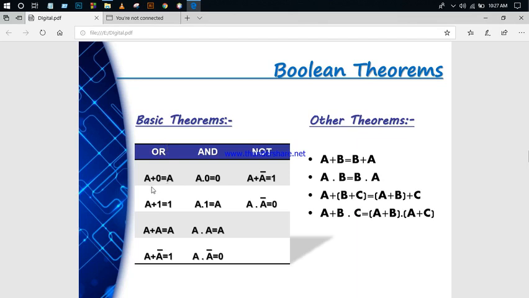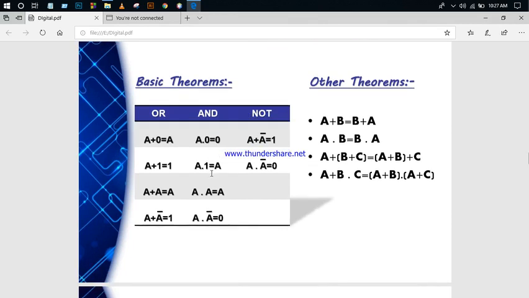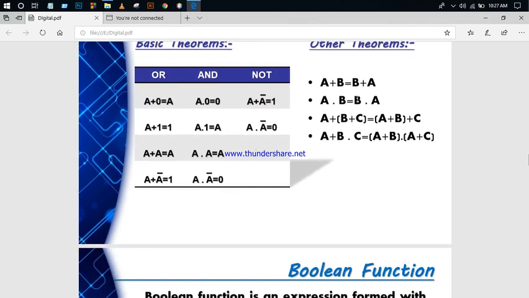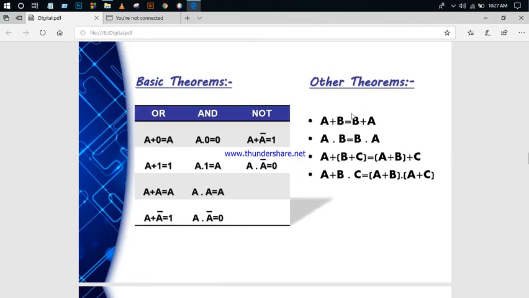For the OR operator: A plus 0 equals A, and A plus 1 equals 1, A plus A equals A, and A plus A bar equals 1. Today my time is short, so I cannot explain all of this Boolean theorem. This is the Boolean theorem, and this is the other theorem.